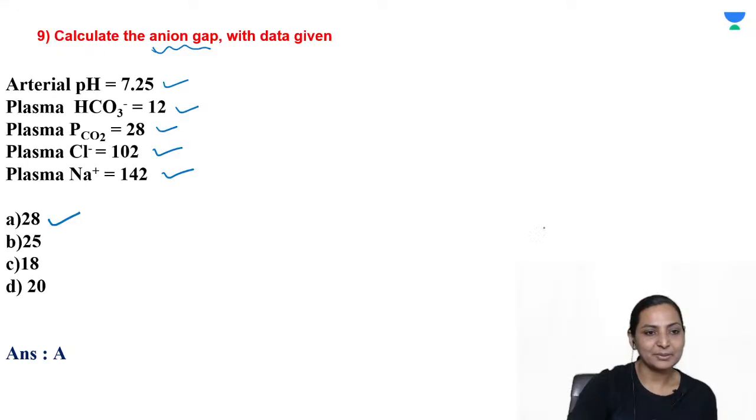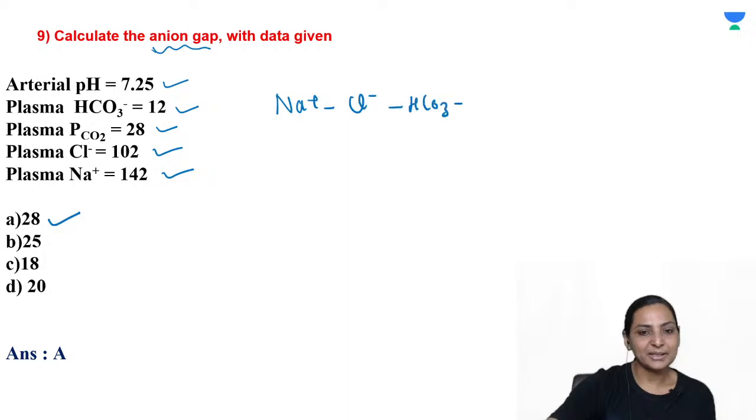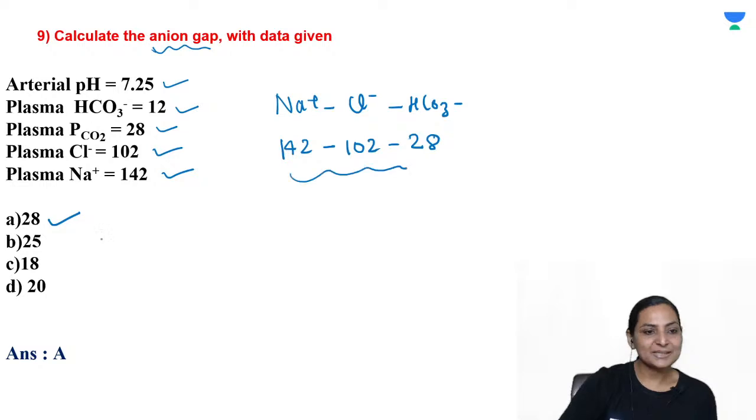Okay, it is sodium minus chloride minus bicarbonate. So it is 142 minus 102 minus 12, which comes to 28, right?